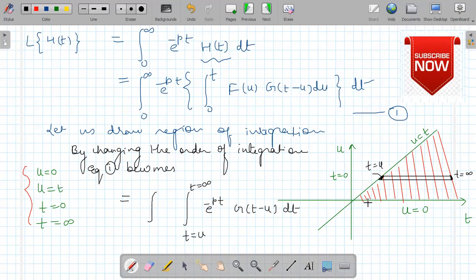When the strip touches this line, u will become 0, meaning at this axis u is equal to 0. And when this strip goes upwards, it will become a point, situated at infinity somewhere, so u is equal to infinity here. And here I put the function of u and then du. This is the value of this expression after changing the order of integration.